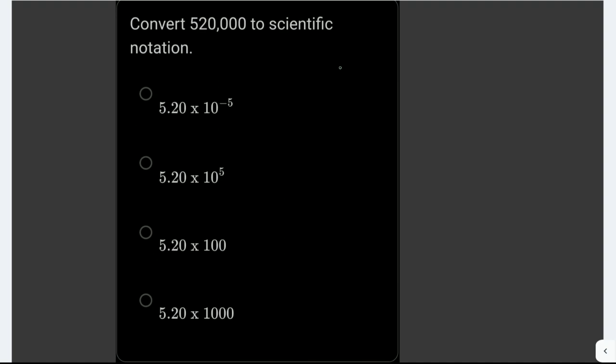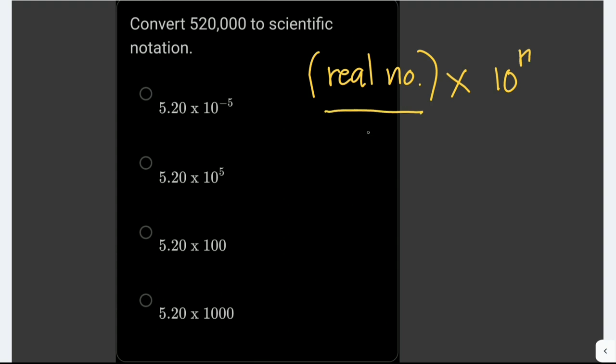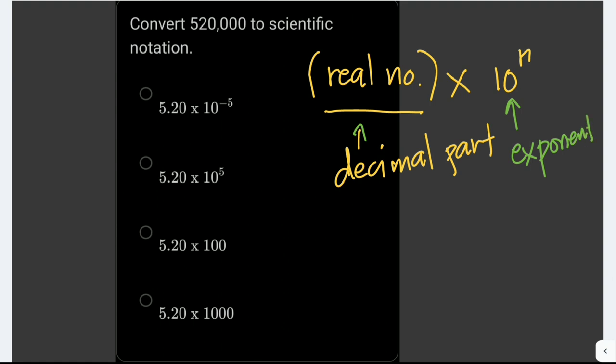So it should be in the form real number times 10 to the n. So this one is the decimal part, and this one is the exponent part.